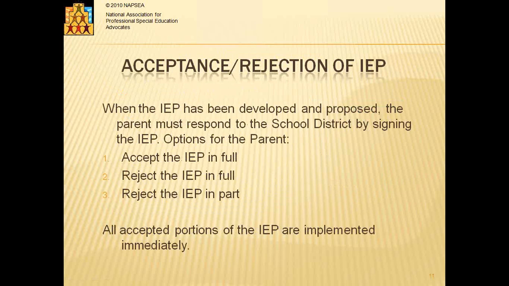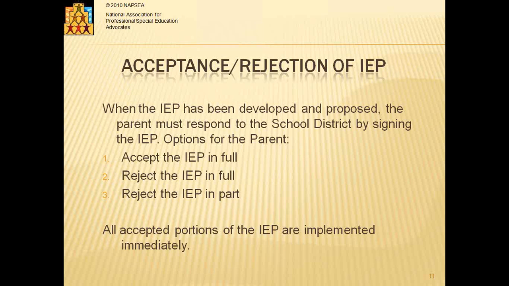When you have the IEP, you have some options. The IEP that the district is providing you is developed by the team, but it's a proposed IEP. The parent has to respond, and so there are 3 options for responding. You can accept the IEP in full, and then services will begin immediately, like I said, or reject the IEP in full, which I don't ever recommend because then no services are put into place, or reject the IEP in part.